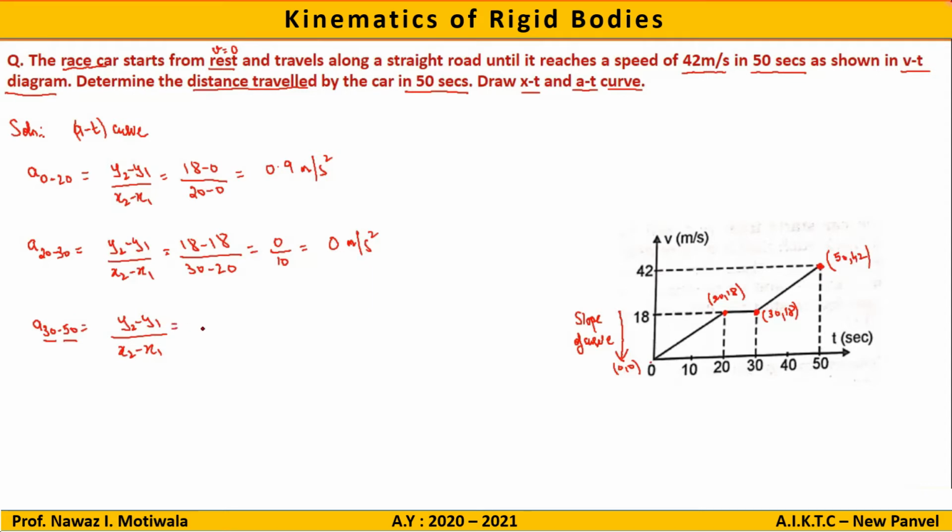So y2 minus y1 will become 42 minus 18 divided by x2 minus x1, that is 50 minus 30. 42 minus 18 is 24, divided by 50 minus 30 which is 20. So I will get the answer as 1.2 meter per second square.